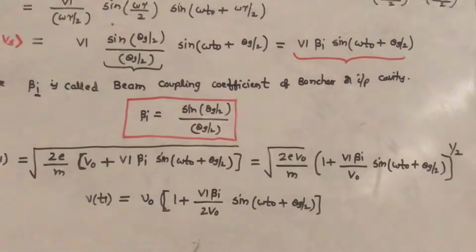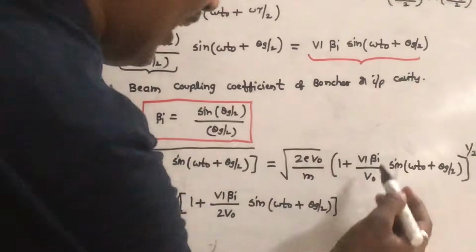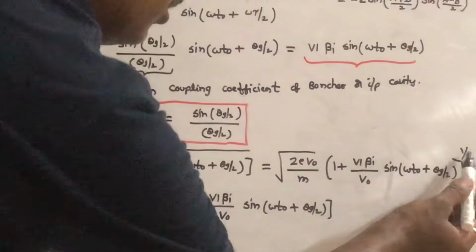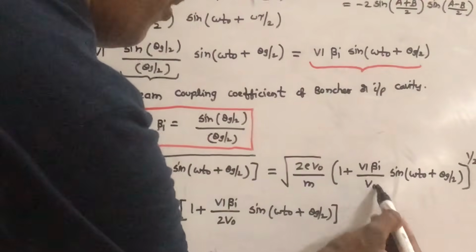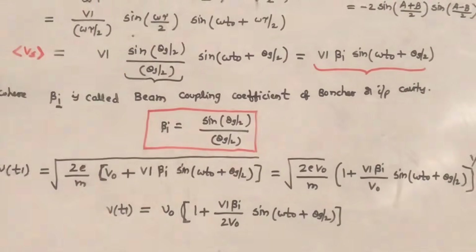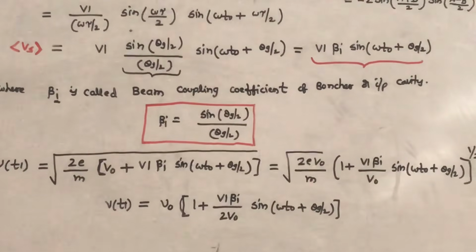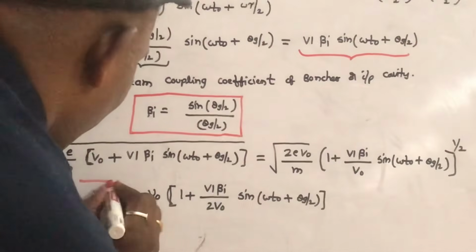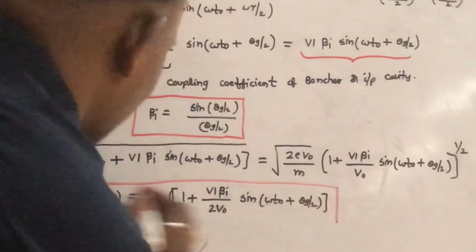From this binomial expansion formula, neglect higher order terms. Why? Because V1 is much less than V0. So this is the velocity modulation equation, very important.